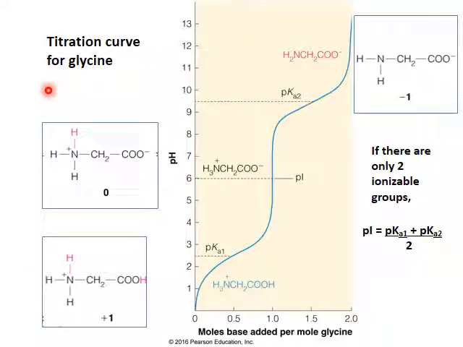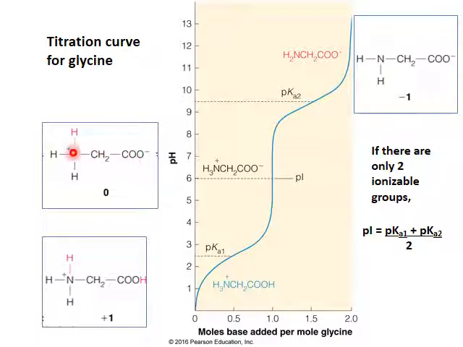So let's look at the titration curve for the ampholyte glycine. So recall the completely protonated form of the molecule at low pH will be a +1 charge. Then we titrate the carboxylic acid, a proton, and then we form the carboxylate.